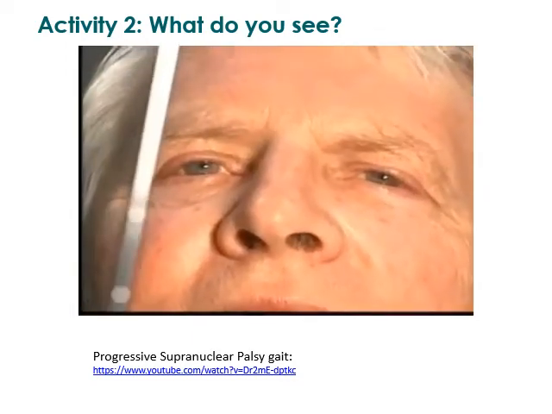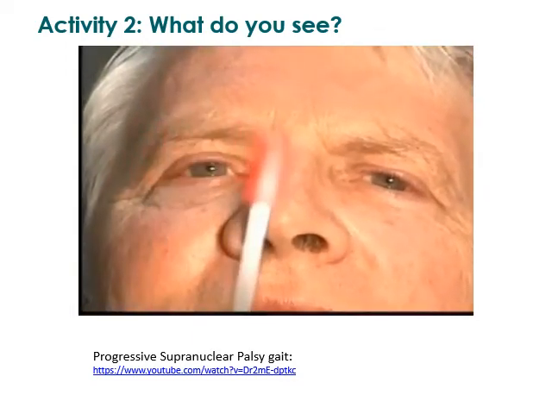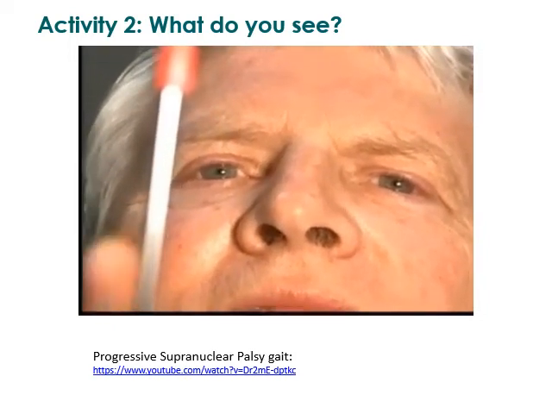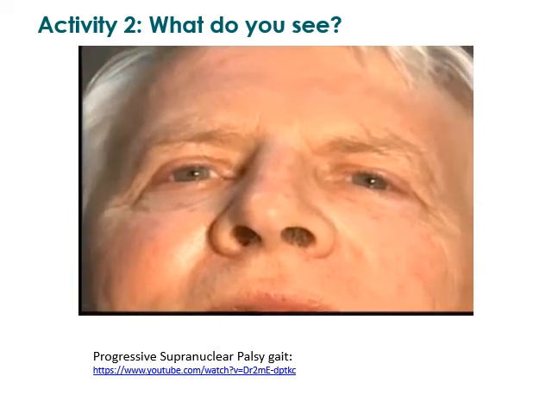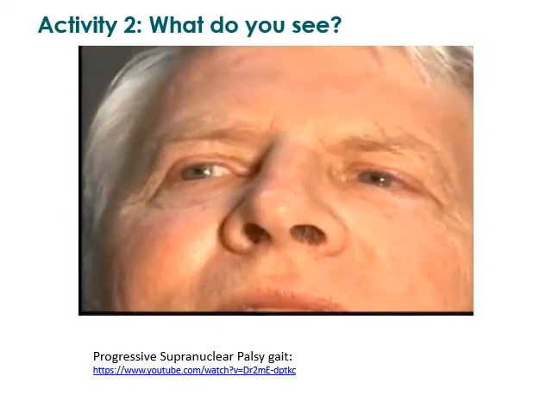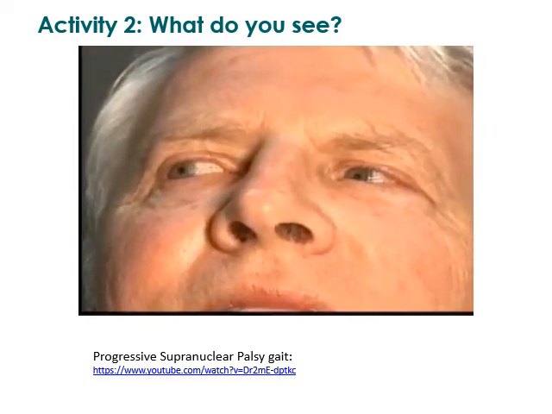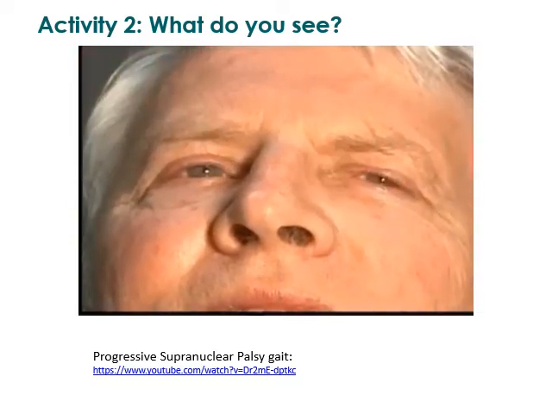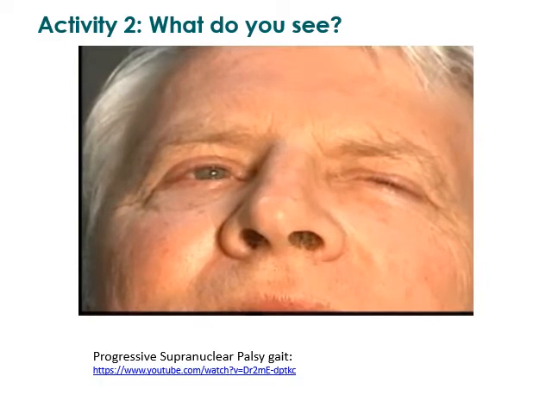Another complaint is of blurring of vision and occasionally double vision, which can be one of the earliest presenting features of PSP. This is due to a disturbance of eye movements and difficulties in keeping the eyelids open to voluntary control.